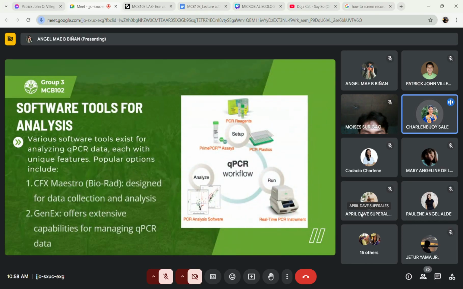Okay, so now we'll move on to the software or tools that are used for qPCR analysis. There are actually various software tools that are used to analyze the qPCR data, each with unique features. These are two popular options for qPCR data analysis. First is CFX Maestro by Bio-Rad, which is designed for data collection and analysis.